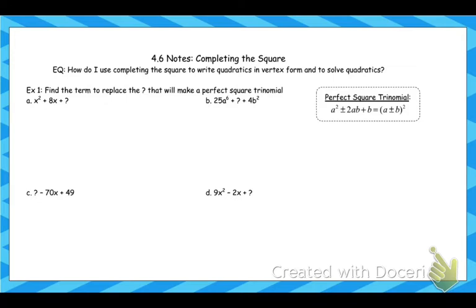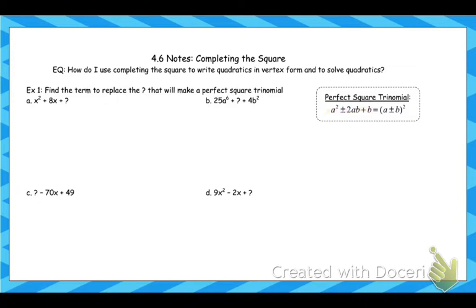So before we do that, we're going to review what a perfect square trinomial is. A perfect square trinomial, we looked at this when we were factoring, is something in the form of a squared, that's a typo, plus 2ab plus b squared. So something in that form can factor into (a plus b) squared or (a minus b) squared, basically whatever this sign is.